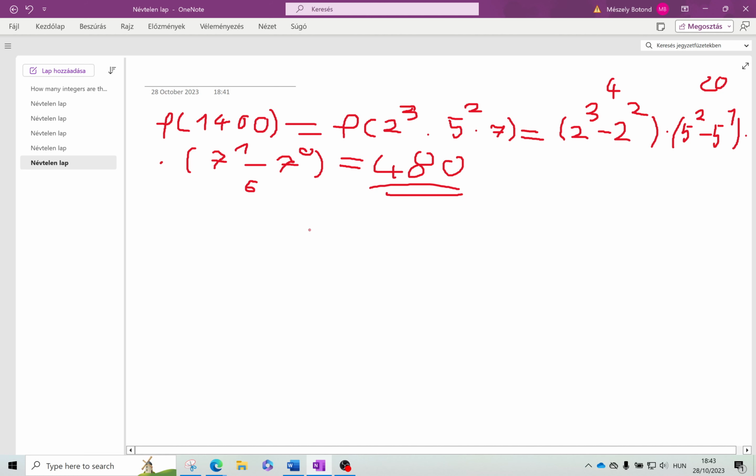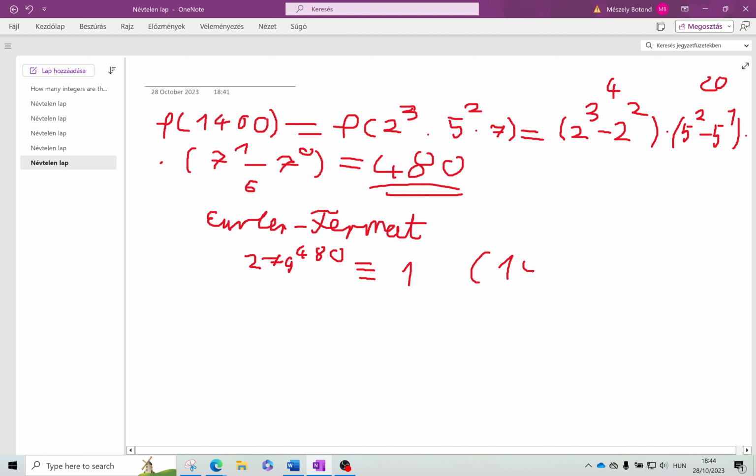Now, thanks to that, we know, by the Euler-Fermat theorem, that 279 to the power of 480 is congruent to 1 modulo 1400.